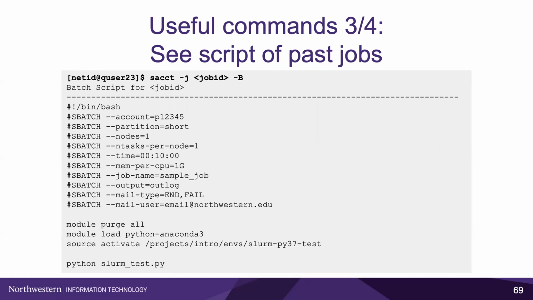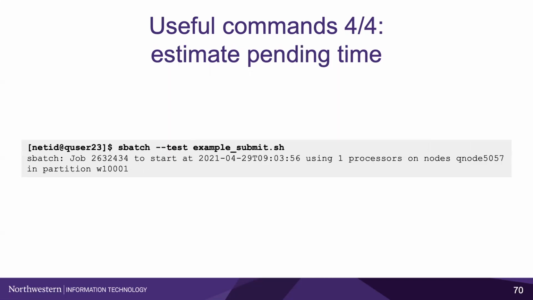This specific command will print the contents of the batch script for this given job ID. This can come in really handy if you are continuously updating your batch script. And if you wanted to see, oh, what kind of resources did I request for this past submission, or what was the version of the module that I loaded or something like that, this command can come in quite handy.